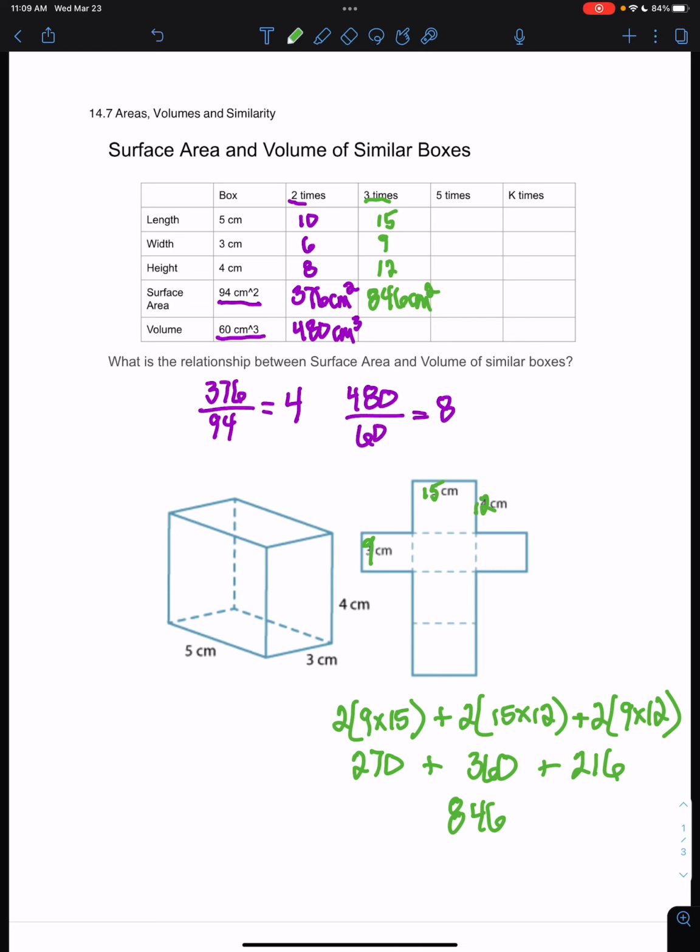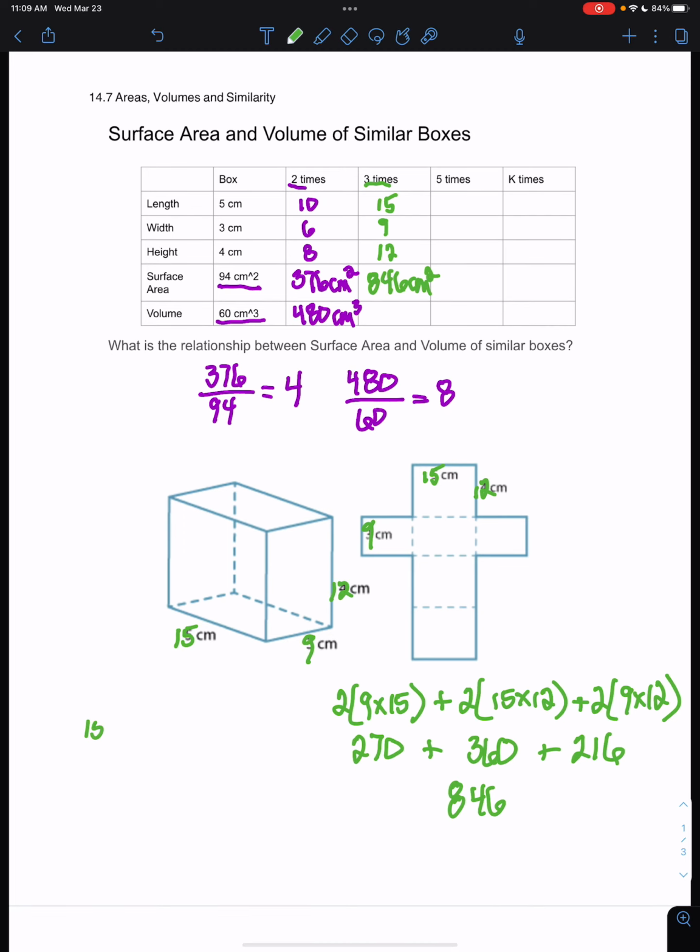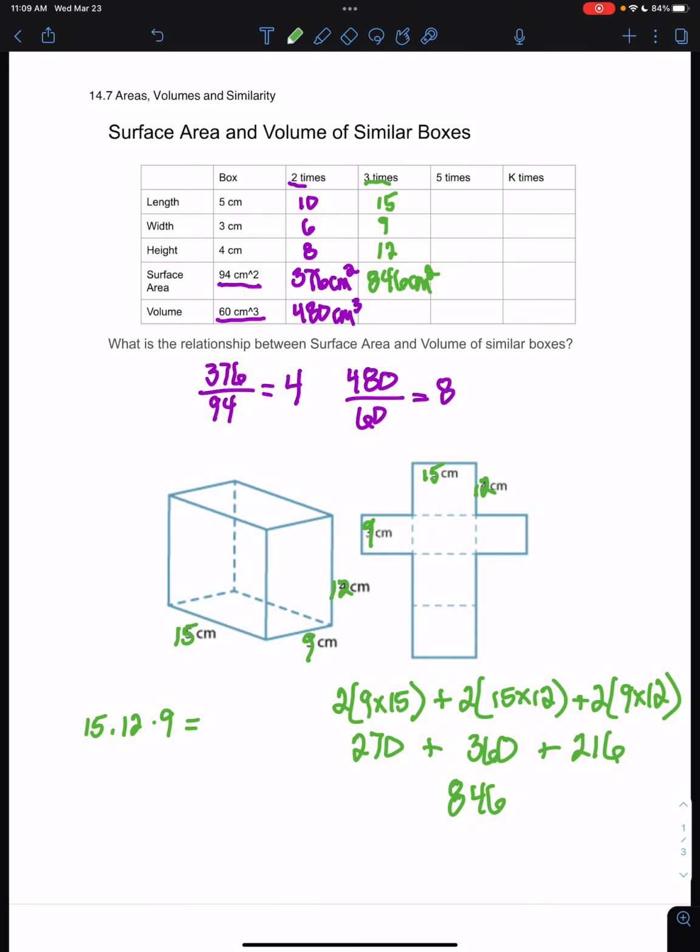All right, and then for our volume, we have 15, 9, and 12. So 15 times 12 times 9 is 1620. So 1620 centimeters cubed for our new volume. All right.